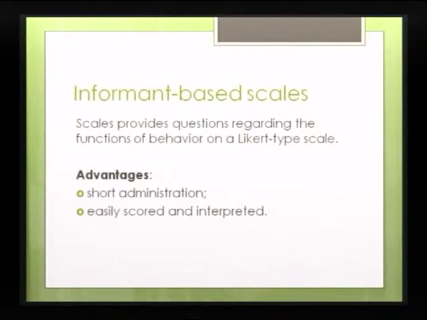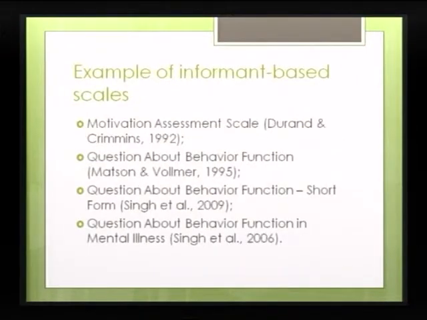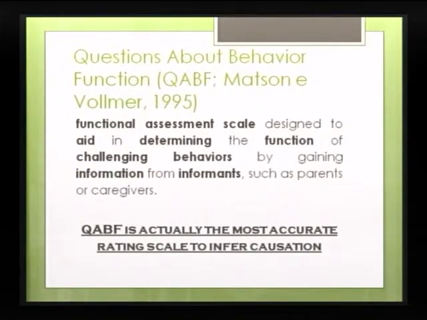They can be administered in a really short time and can be scored and interpreted very easily. This is a list of some existing informant-based scales. But at this moment, the most accurate rating scale to infer the function of a behavior is the Questions About Behavior Function by Matson and Vollmer.